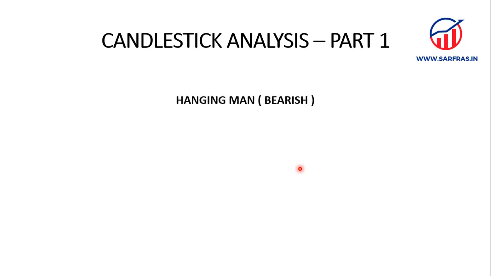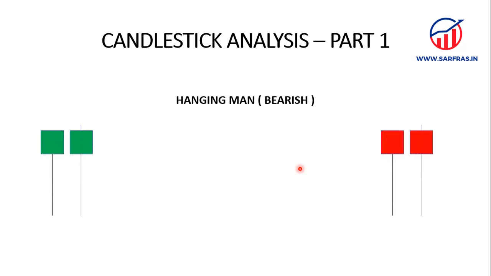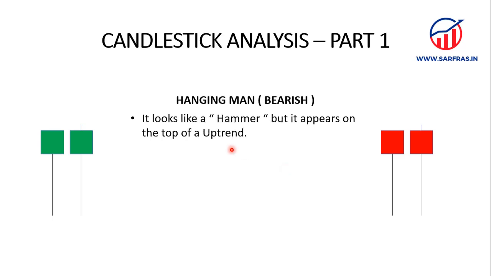Next is the hanging man. Now this is a bearish candle. Looks wise, it looks identical to a hammer. There is basically no visual difference between a hanging man and a hammer. Hanging man is supposed to be a bearish candle, a hammer a bullish candle. Just like a hammer has more weightage at the bottom of a downtrend, the hanging man has more weightage at the top of the uptrend.